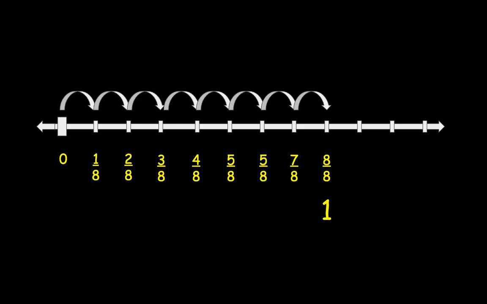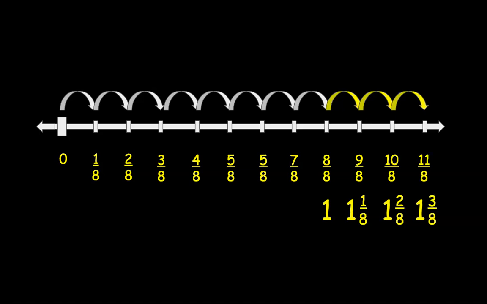However, we didn't have only 8/8, we had more. We have 9/8, and you can see it's also been written as 1 and 1/8, and that's the connection between improper and mixed fractions, which we're working on. 1 and 2/8, 1 and 3/8, or 11/8.